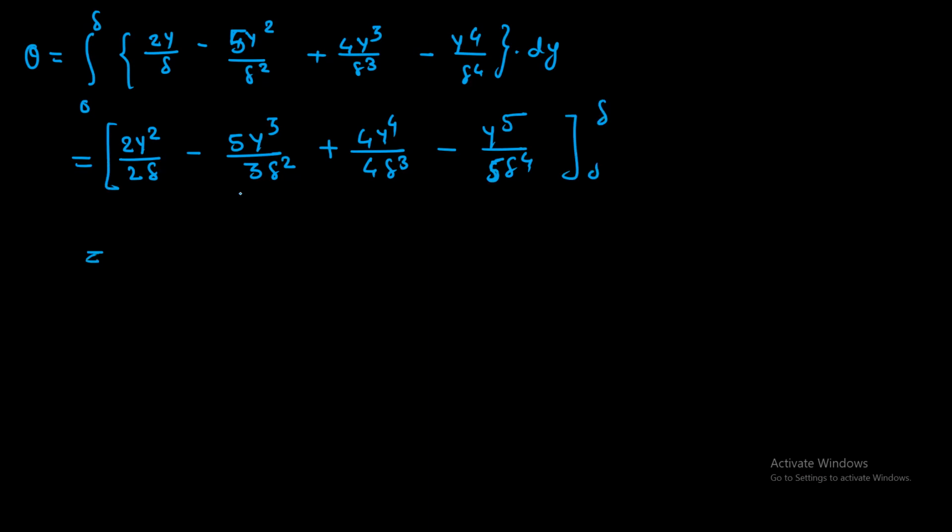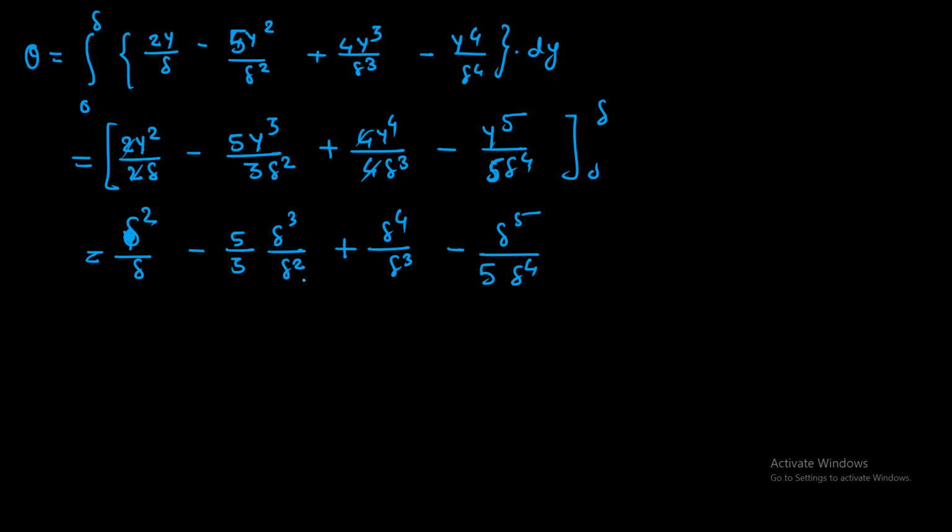So put this limit delta. So this is 2 and 2 will get cancelled. This is delta square upon delta minus 5 by 3 delta cube upon delta square plus delta fourth upon delta cube minus delta 5 upon 5 delta raised to 4.